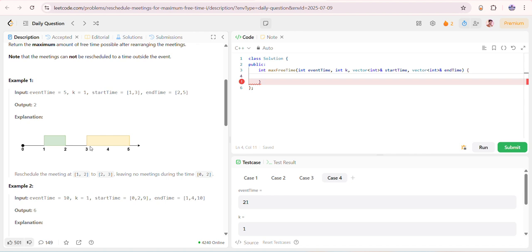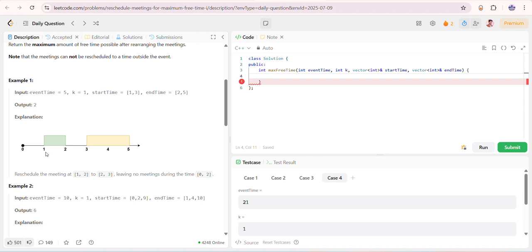Now we have to maximize this time. If you see carefully, if I shift this meeting to the left or to the right, then this part of the meeting becomes hollow and it also creates free time. So exactly what should our approach be?